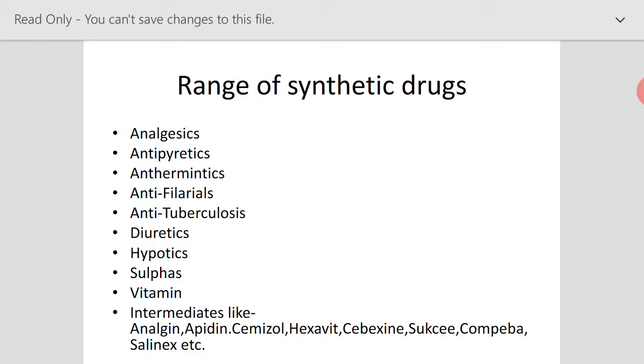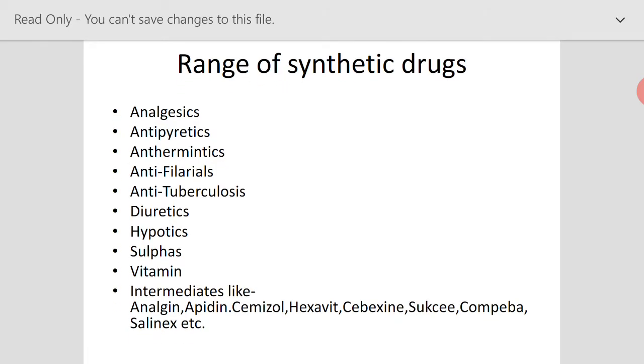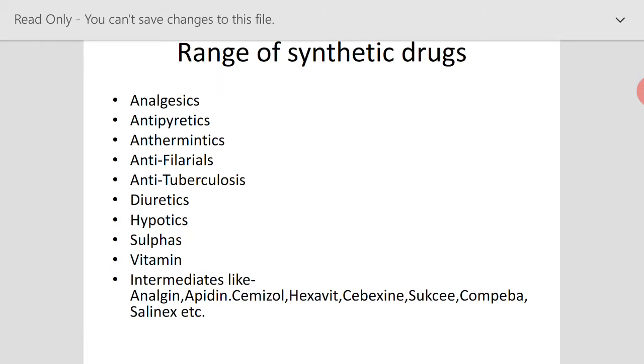Apart from this, a wide range of synthetic drugs is manufactured by the pharmaceutical industry, such as analgesics, antipyretics, anthelmintics, antifilarials, antituberculosis drugs, diuretics, hypnotics, sulfa drugs, vitamins, and a few intermediates like analgin, apitin, semizole, hexavit, cebixin, succi, comiba, and salinex, etc.